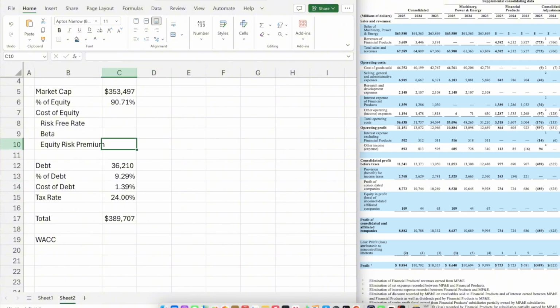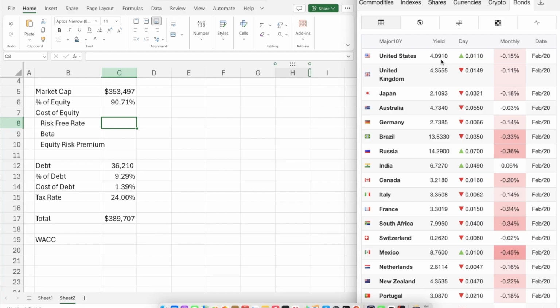Okay, so that's that bit. Now we're just left with the cost of equity. We know our risk-free rate is 4.091%.